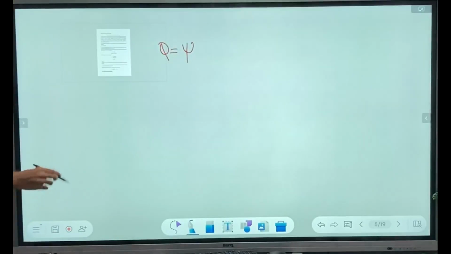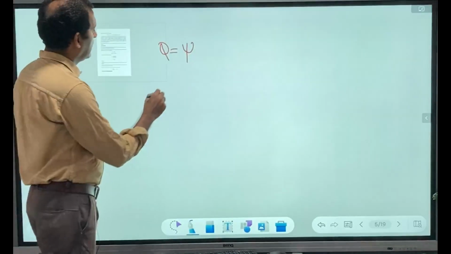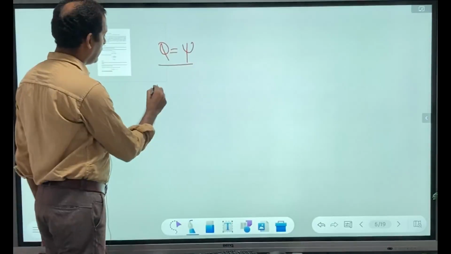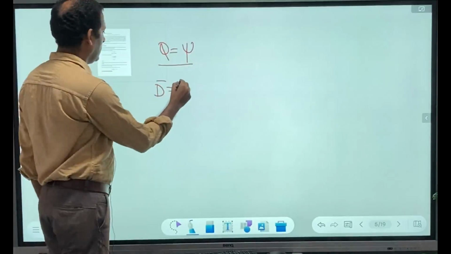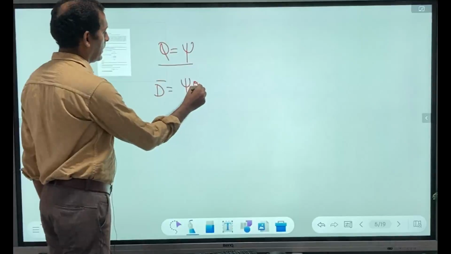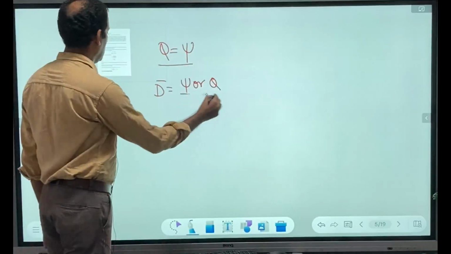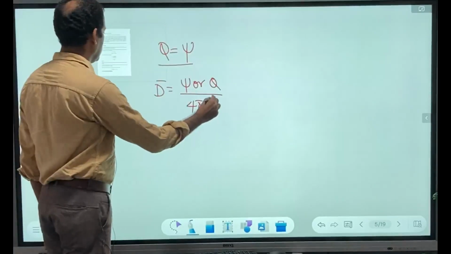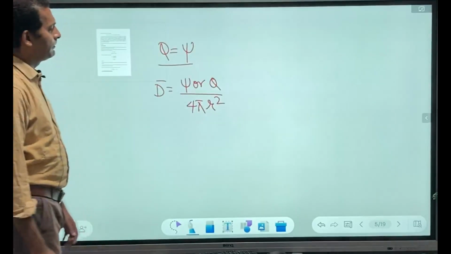So from this we can say that the density D bar is equal to psi or Q upon 4 pi r square.